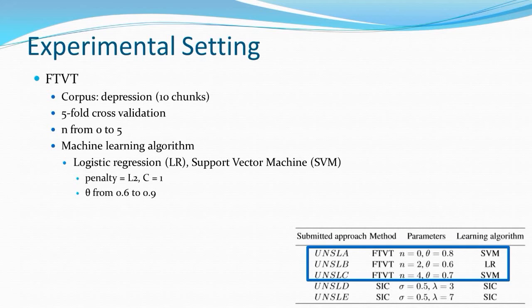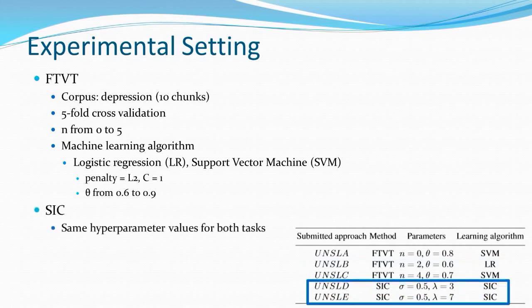UNSL-A was meant to minimize the ERDE5 error, considering that it's more restrictive but accurate. On the other hand, UNSL-V and C were meant to minimize the ERDE50 error, given that they are more permissive. With respect to SEQ, no hyperparameter optimization was done, and therefore hyperparameters were manually selected for both tasks.